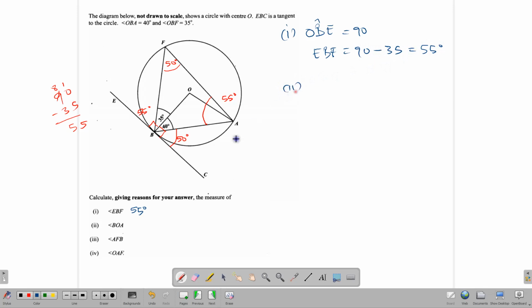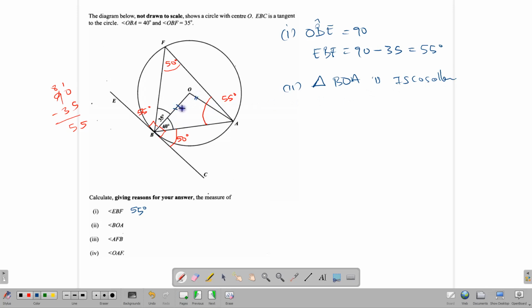Second part, we want to find BOA. Let's note that triangle BOA is isosceles. Notice that these two lines are both radii. This is a radius, that's a radius.